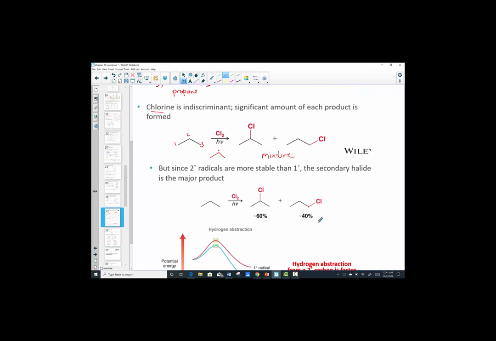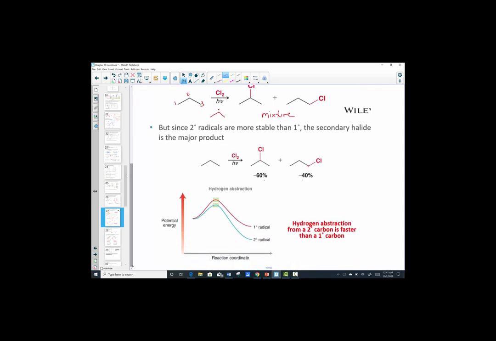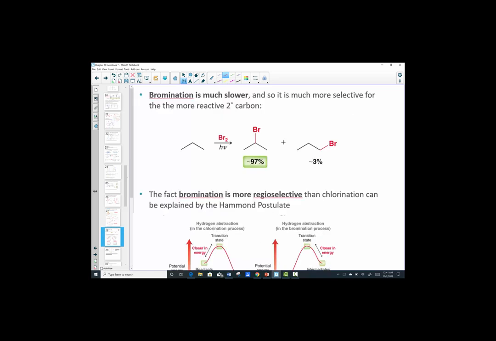But a 60-40, just based on stability, is probably a better recommendation. So hydrogen extraction at the secondary position has a little lower activation energy. That's going to be favored in the amount of product, about 60-40. So chlorine is not very selective.